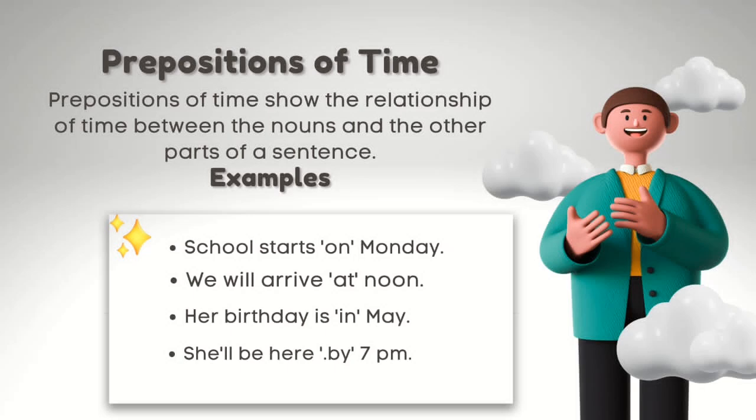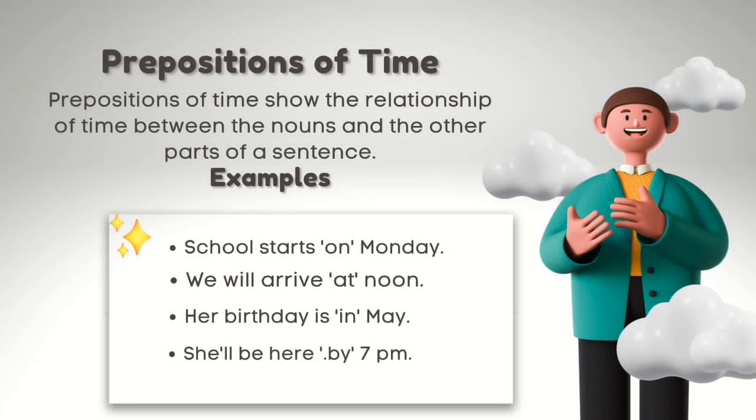We will arrive at noon means we're not going to arrive at another time of the day, but exactly at noon. She will be here by 7 p.m. means around 7 p.m., not exactly. Those are the differences between the two prepositions of time, at and by.